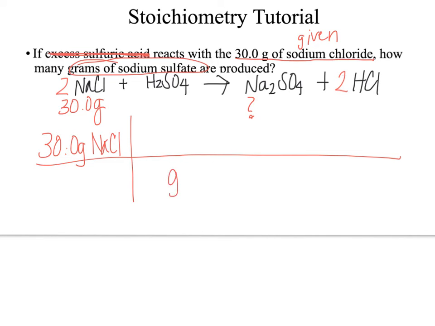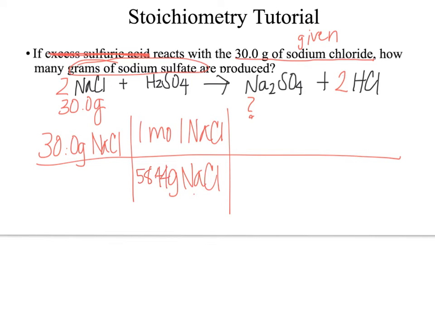So we're going to do grams of sodium chloride to 1 mole. That's the only way we can convert our grams to moles. Okay, so we need to add up. Sodium is 22.99 plus chlorine is 35.45. So when we add those together, we get a molar mass of 58.44. Okay, so then that cancels out our grams.